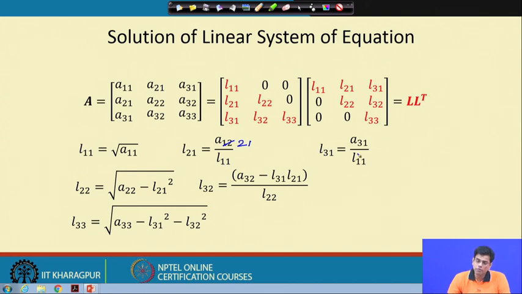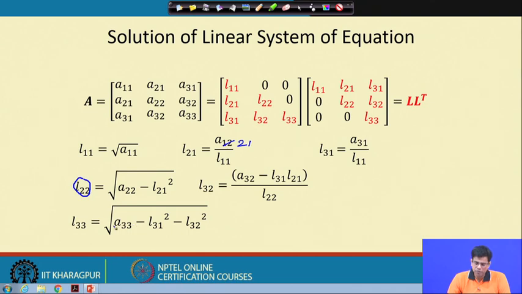Similarly, L31 can be found as A31 divided by L11, and once we calculate L22, again we have to take the square root. This can be observed from the multiplication and comparing the matrices.